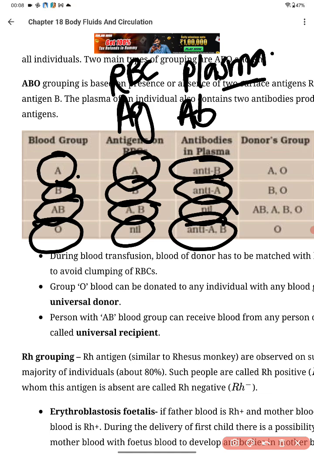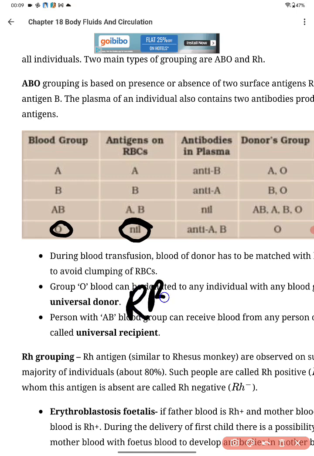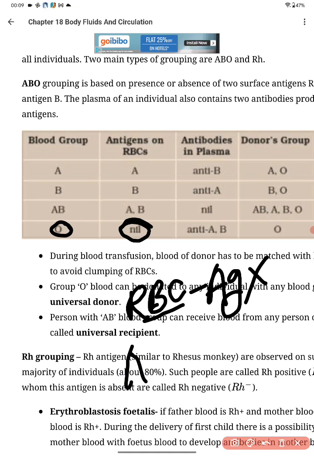So now let's talk about donation. Who is the universal donor? Donor means I can give my blood to anybody because I don't have any antigen on my RBC. The recipient is the one who needs blood.